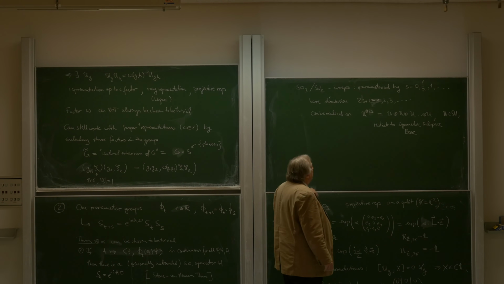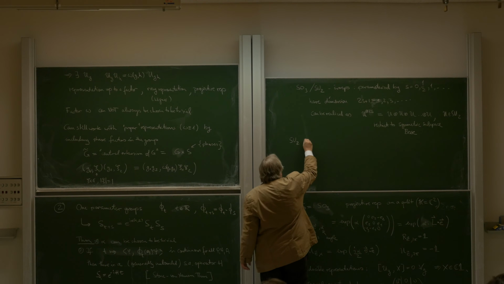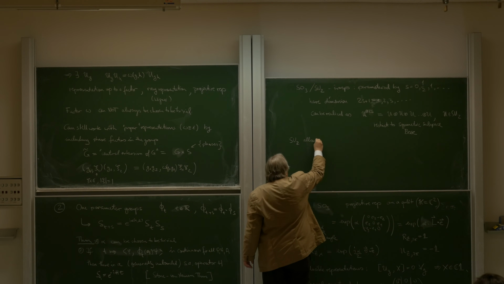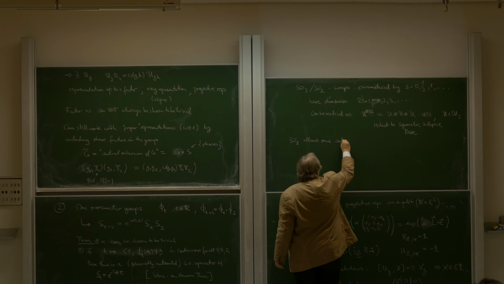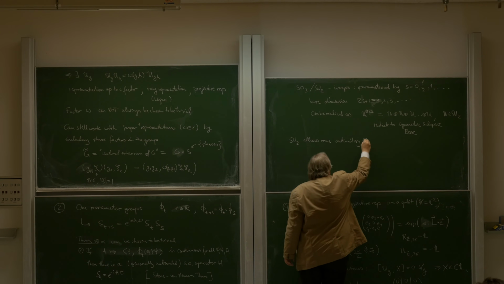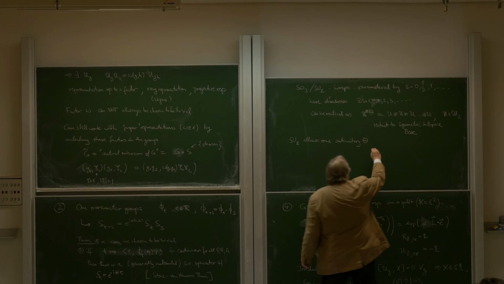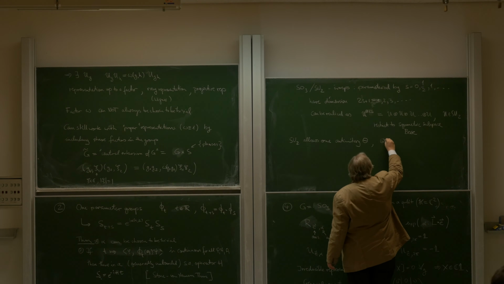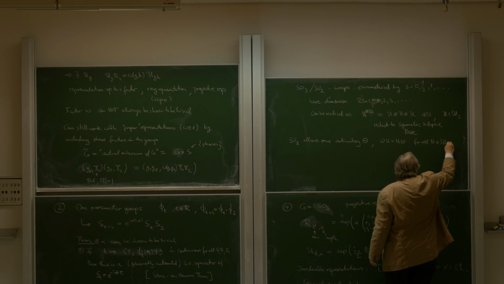So SU2 allows one anti-unitary, call it theta, with theta U equal to U theta for all U in SU2.